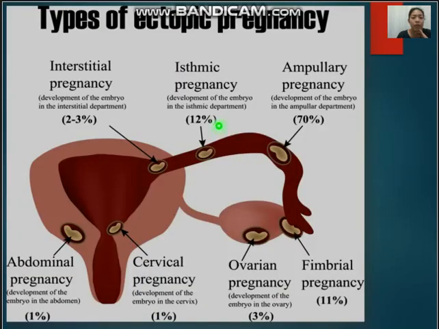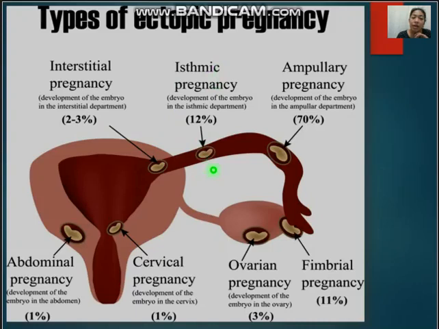So, here is an illustration of the different types of ectopic pregnancy. We have interstitial pregnancy. By the way, the specific type of ectopic pregnancy is in reference to the location where the embryo or the egg grows. So when you say interstitial pregnancy, the development of the embryo is in the interstitial portion of the fallopian tube.